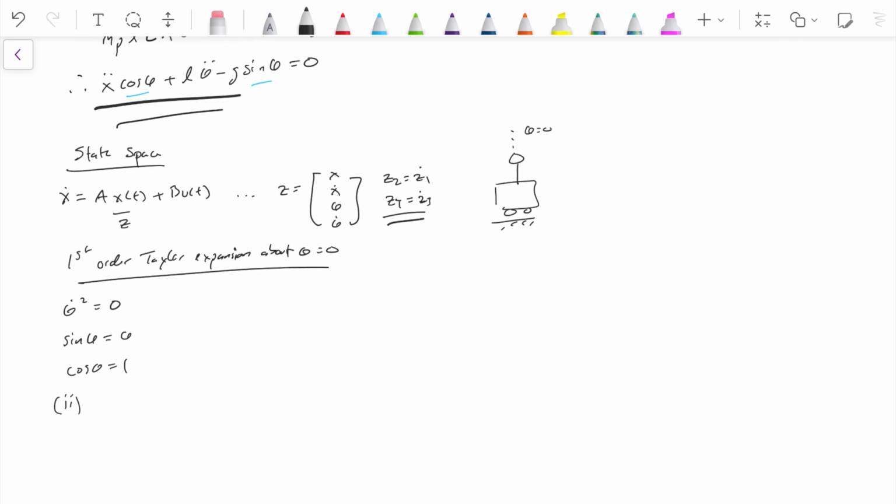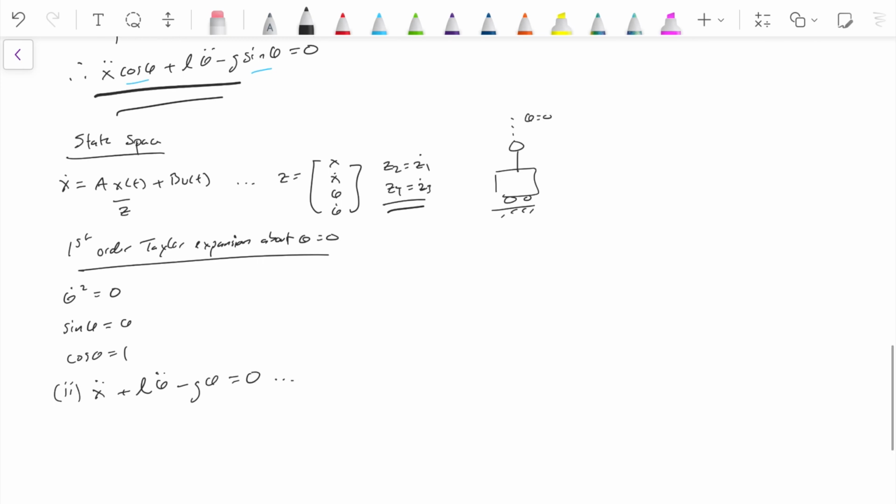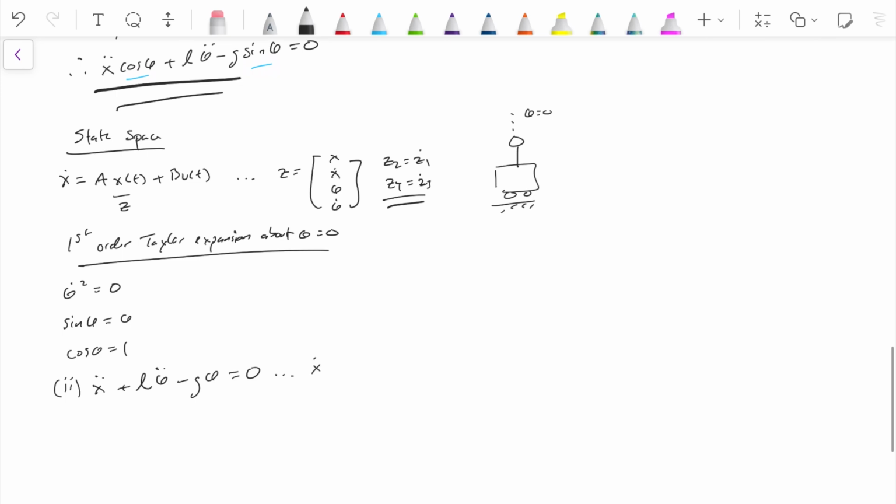The second order differential equation that's above the state space that I can see. So we have x double dot cosine theta, which is 1, plus L theta double dot minus g theta is equal to 0. This simplifies to x double dot equals g theta minus L theta double dot.